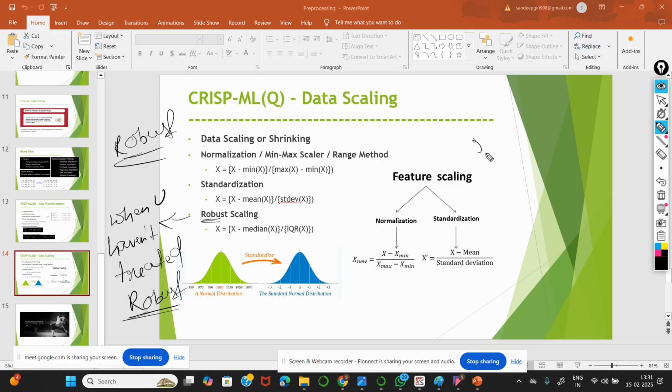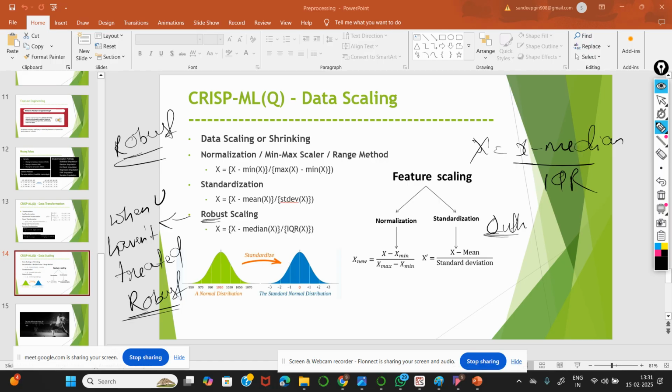The robust scaling formula is x minus median divided by IQR, and you should know what IQR is. Remember when we were discussing IQR, the interquartile range, for which particular topic was it coming up? Outlier analysis, isn't it? So whenever outliers come up, you should be using robust scaling. Median is also a very good statistical parameter in order to handle outliers. If you have outliers, use the median.